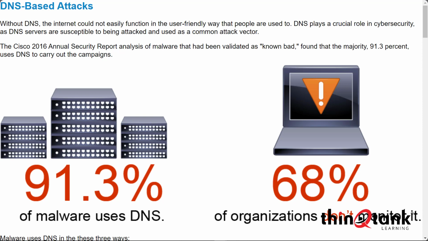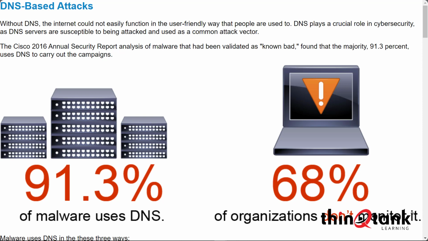All right. Now, what we see on the screen here comes from the 2016 annual security report, which identified that over 91% of malware used DNS to facilitate its attack, or at least as a function of infecting a computer. That's a very, very significant number.